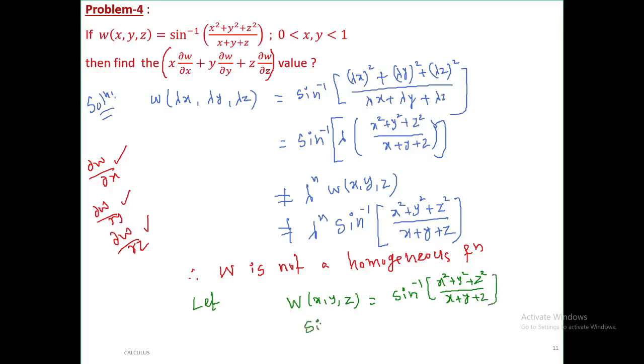Sine w is equal to x square plus y square plus z square divided by x plus y plus z. Okay, now sine w is equal to this, right? So therefore let us assume that is some v, so v is equal to sine w is equal to x square plus y square plus z square divided by x plus y plus z.